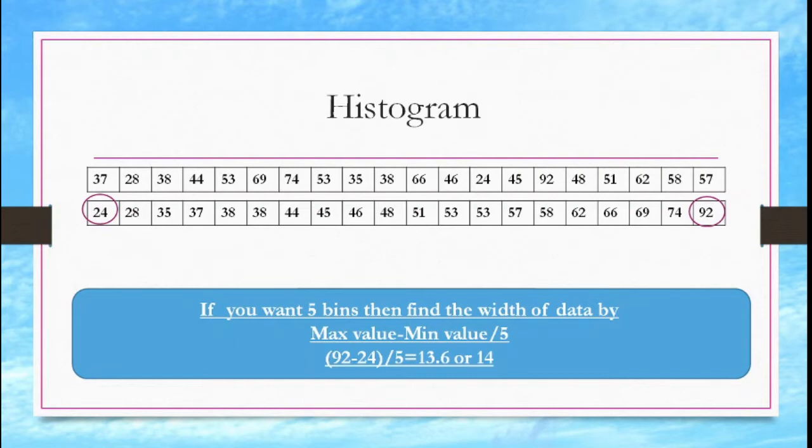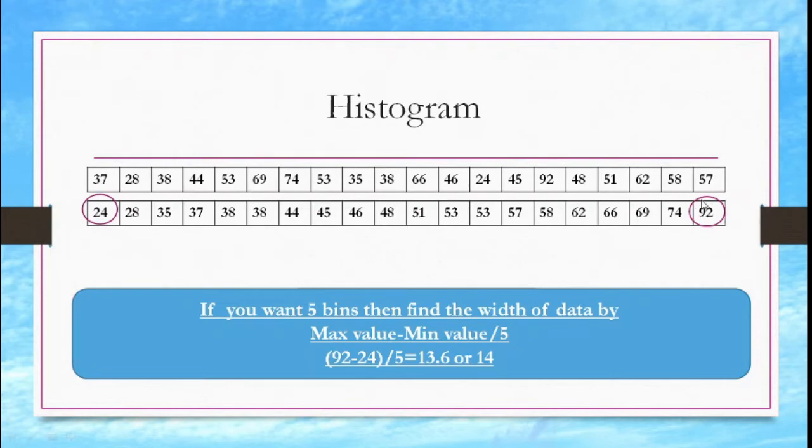For example, if I want to plot 5 bars using the histogram, 5 bins, bar bins you can say, then I have to find the width of the data using the following formula: max value minus min value divided by the number of bars or number of bins.